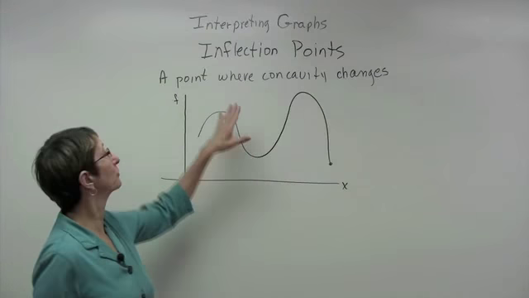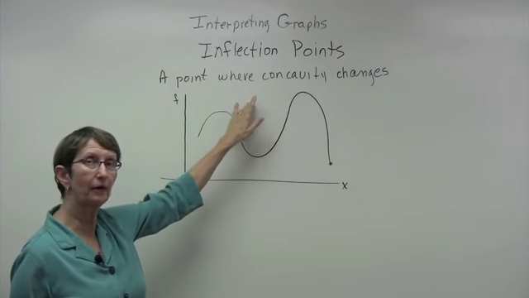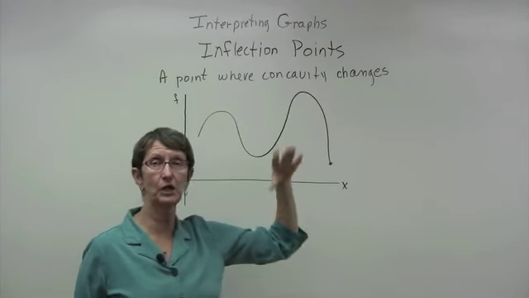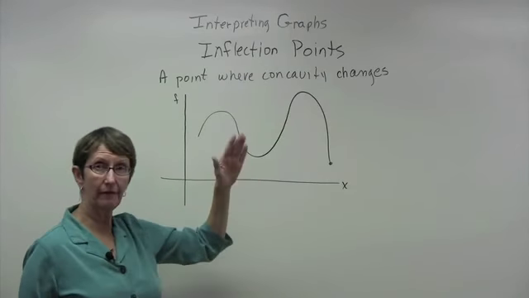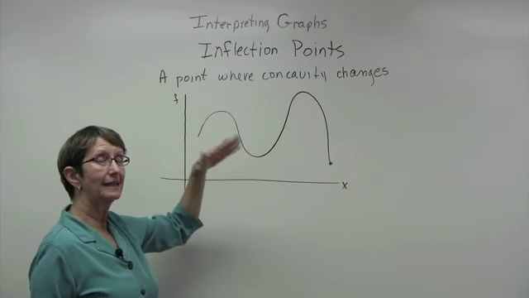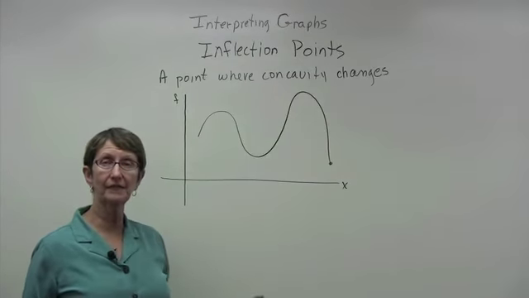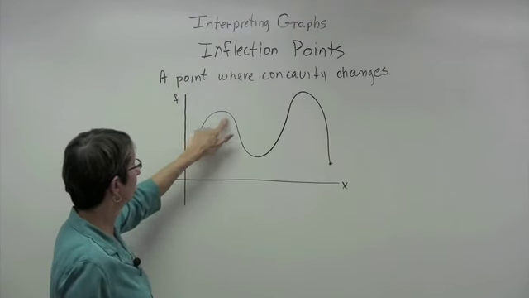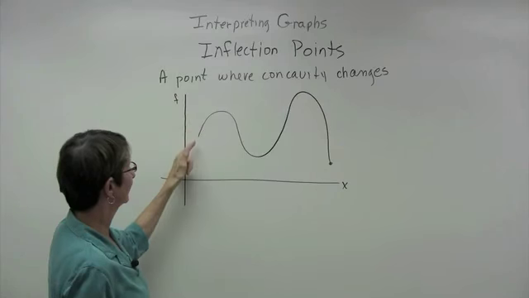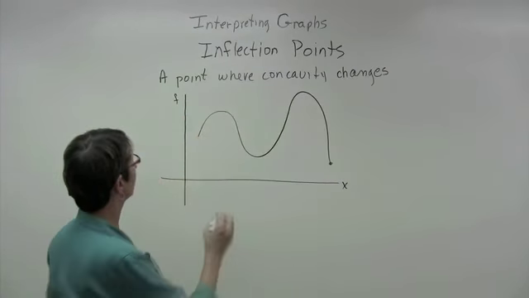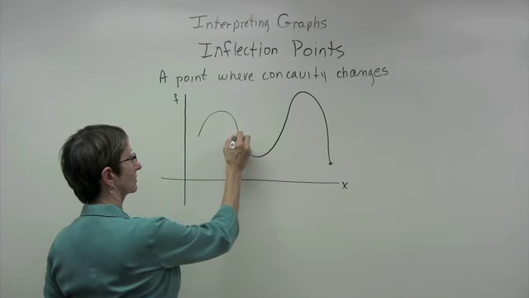In this part, we're first going to look at inflection points. An inflection point is a point where concavity changes. We've seen concave up, where it cups up, and concave down, and the point where that changes is called the inflection point. So as I move from left to right, the graph is cupping down here. It's increasing, decreasing, so it's cupping down, maybe till I get to about this point right here.